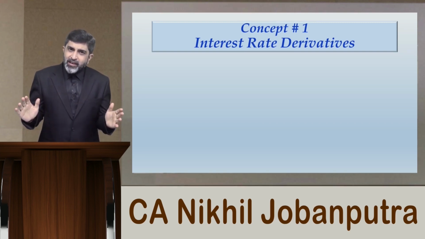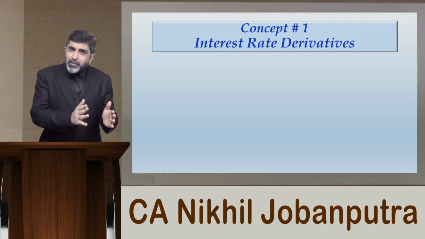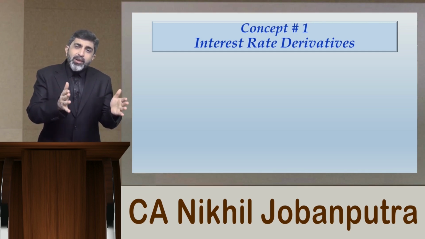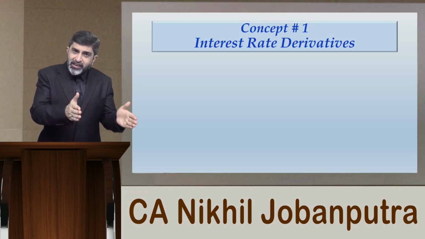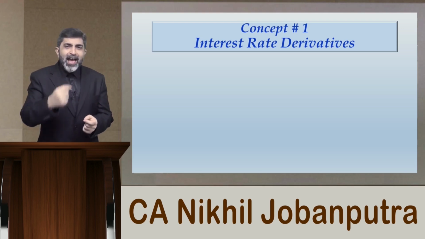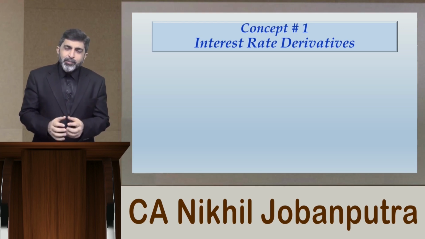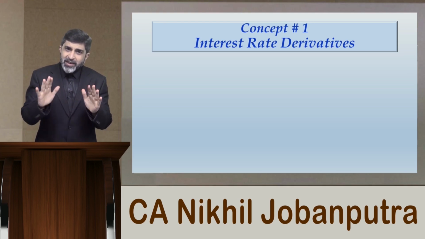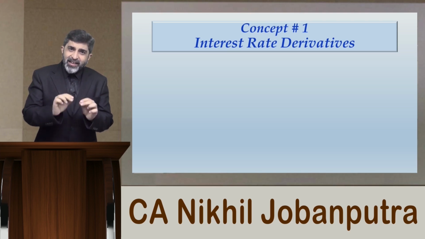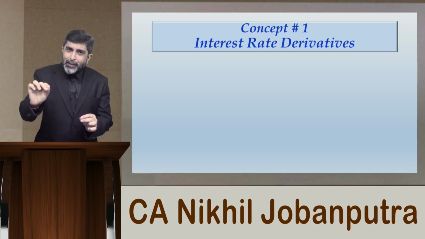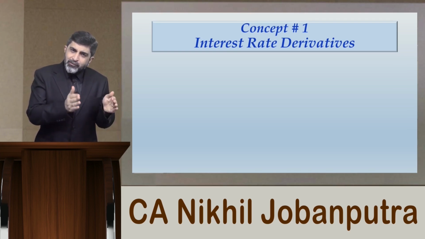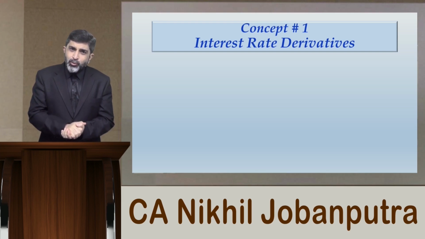I am telling you one thing again: interest rate risk management, if I mention that topic title, we are trying to convey what our objective is. How would you do that? That is titled as interest rate derivatives. So CA and CMA students, please be careful. In your respective study materials, this is classified as a separate chapter for CA students, and as a component of the derivative chapter itself for CMA students.